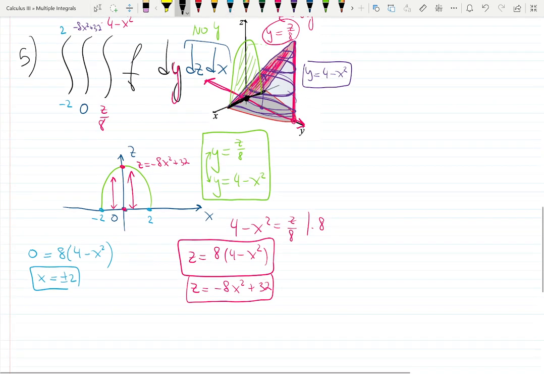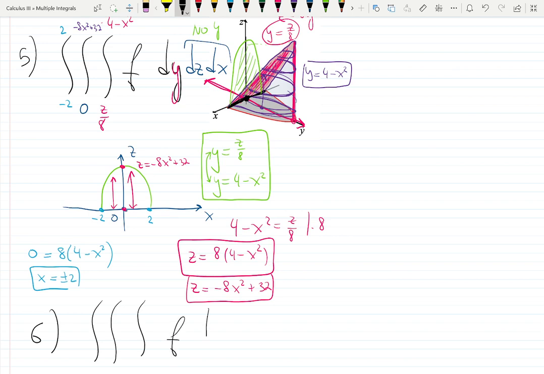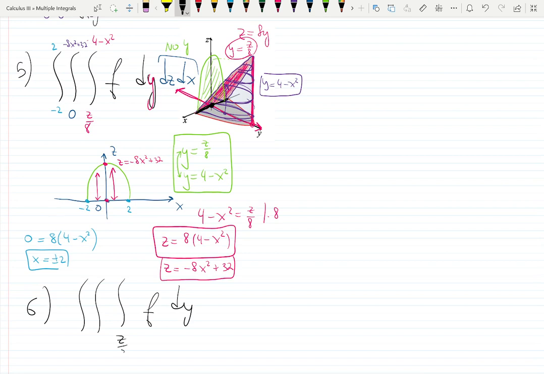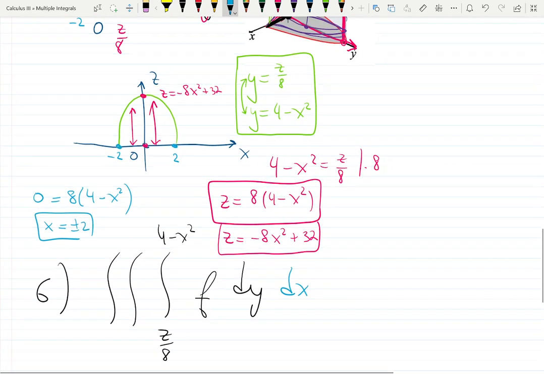Finally, the last one left. It will go a little bit faster because we're done with most of the part here. F dy. Y is from z over 8 to 4 minus x squared. And now we will have dx going first at the same picture. Just like in the previous example, x now is going from the negative side of this parabola to the positive side of this parabola.